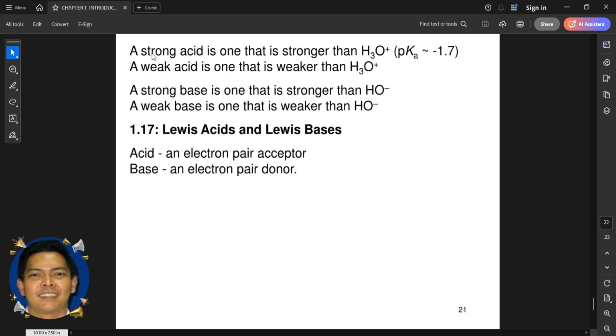A strong acid is one that is stronger than the hydronium ion, so the pKa value will be around minus 1.7. A weak acid is one that is weaker than the hydronium ion. A strong base is one that is stronger than OH-.